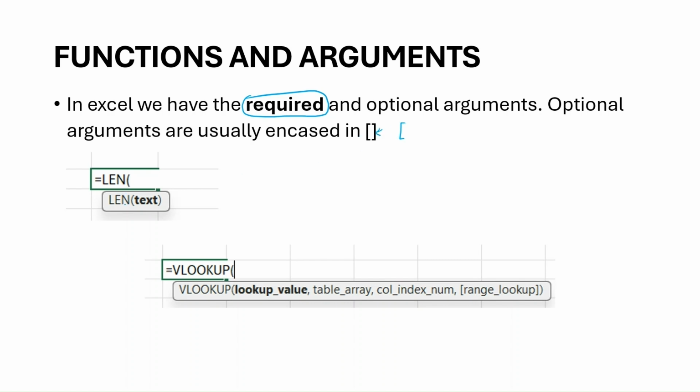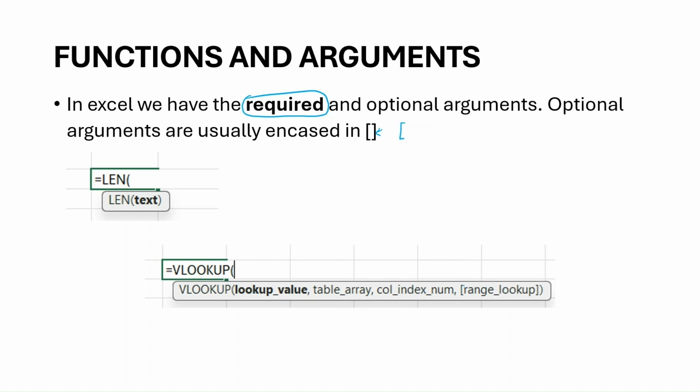I have 2 examples here: the LEN function for strings, finding the length of strings, which you'll go more into in the string function video, and the VLOOKUP example, which will be discussed more in the lookup function video. We can see that the LEN function is only taking in 1 argument and it's required. You just have to give it the text that it's supposed to give you back the length of characters of. In VLOOKUP here we have 1, 2, 3, 4 possible arguments.